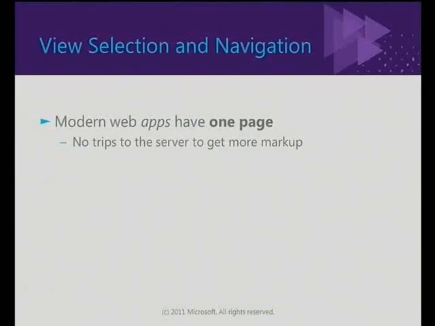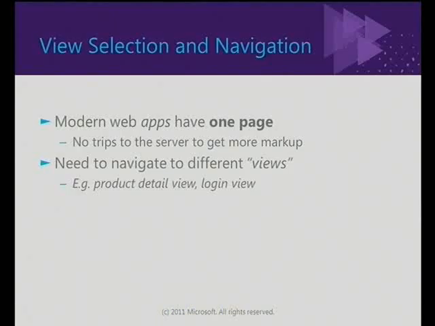Okay, so as I said earlier, modern web apps have one single page. You often don't have the ability to go back to the server and get some more data. They run offline and everything like that. So they really have one page. So we need to do some interesting stuff around view selection, and I've already spoken to that.